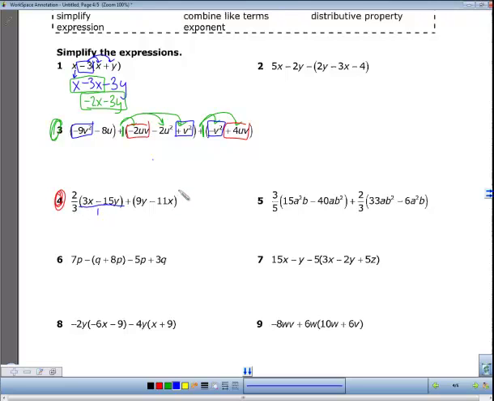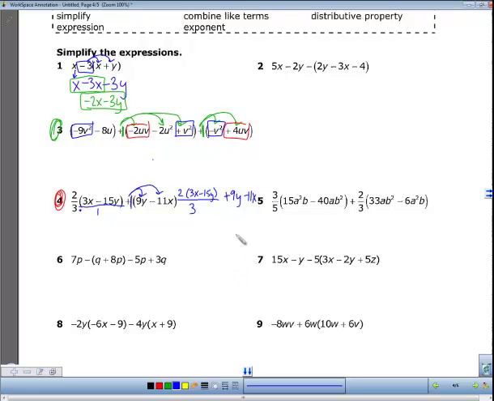So I have 2 times 3x minus 15y over 3 times 1. Well, what is 3 times 1? It's just 3. And then this 9y, again, I have this positive 1 in front of it that I can distribute to both of these, and it ends up being plus 9y minus 11x.